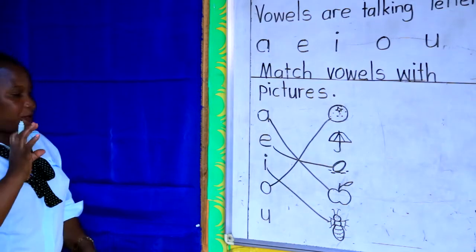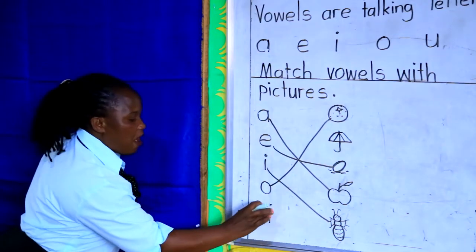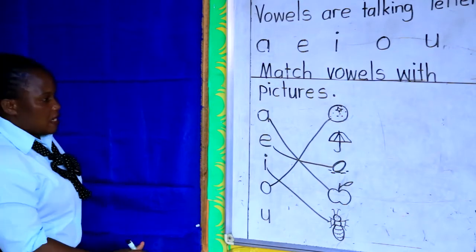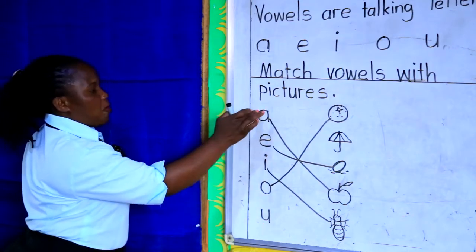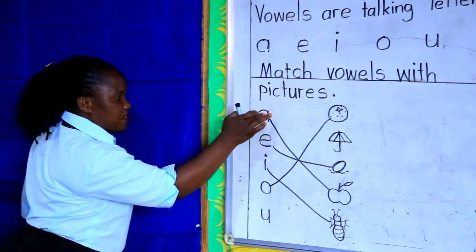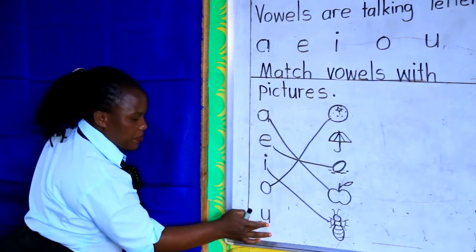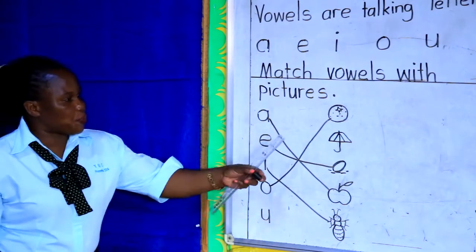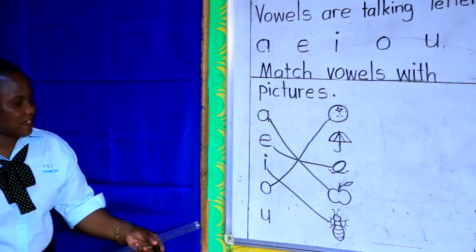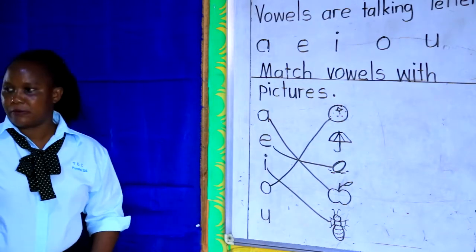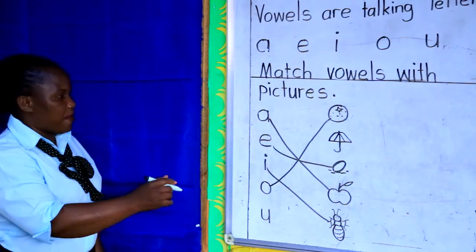Remember I told you this is an opening U. That's how you can differentiate it from this one. This one is closed and this one is an opening U. So when you look at these pictures, which picture starts with this one? Umbrella. Umbrella. Very good.